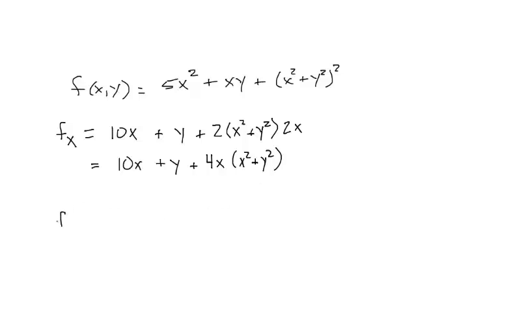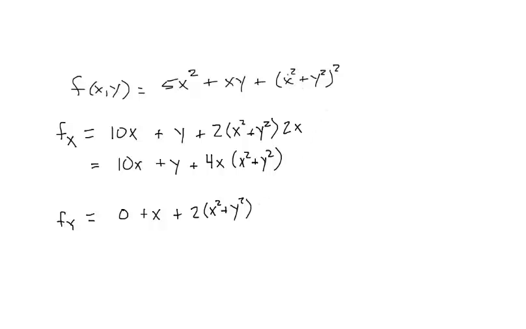And for our partial with respect to y, 5x squared is all treated like a constant, so it goes to 0. xy, and x is a constant, so we take the derivative of the y, which is 1, so we're left with plus x, plus, we still have the chain rule, so it's 2 times x squared plus y squared raised to the 1 times the derivative of the inside with respect to y.